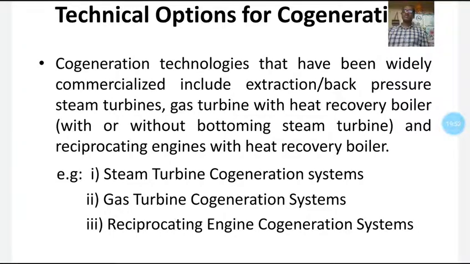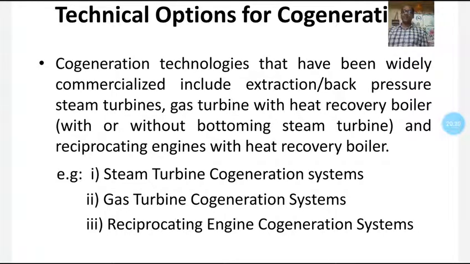A cogeneration system consists of major components: a furnace converting chemical energy into heat energy, an engine or turbine as a prime mover, a generator which converts mechanical energy into electricity, heat exchangers, electrical switchboards and hydraulic interconnections.